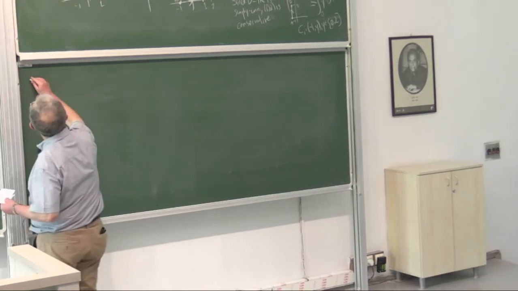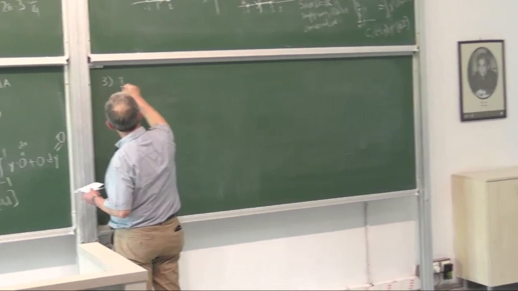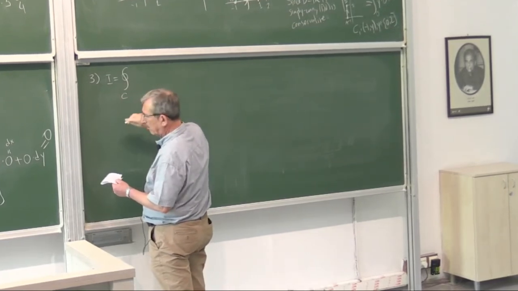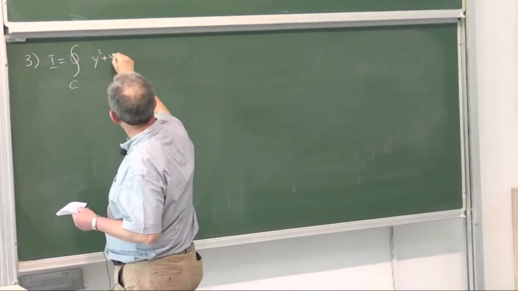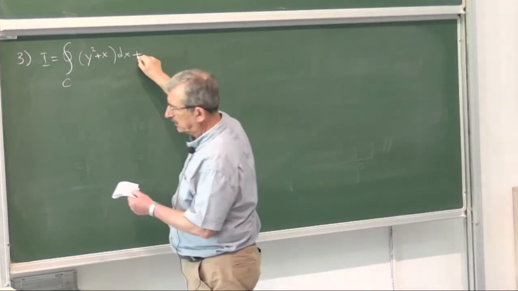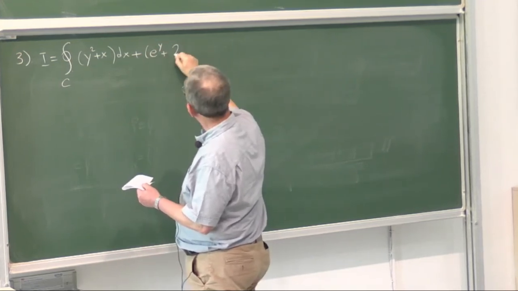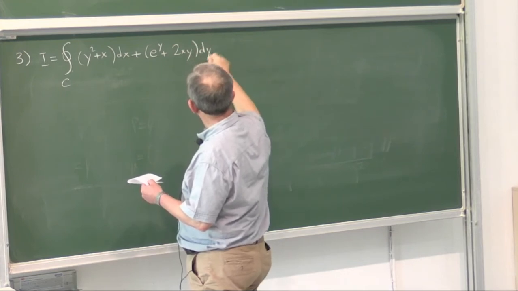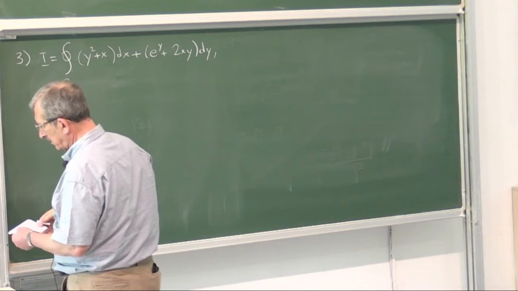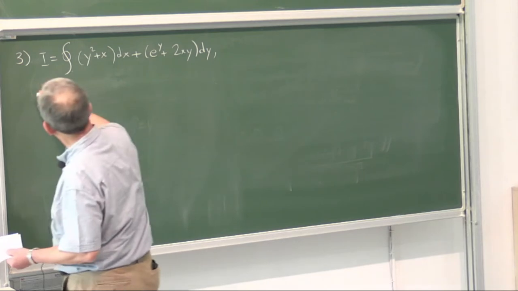Well, a slightly different version of this is the following. We want to calculate the integral over C of y squared plus x dx plus e to the y 2xy dy, and C is as in 2a.